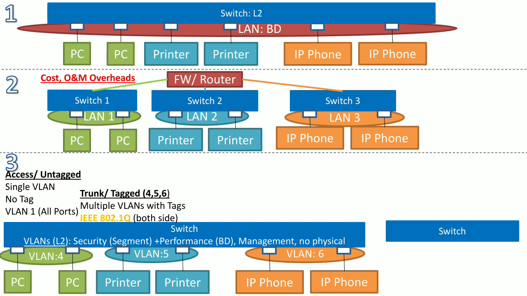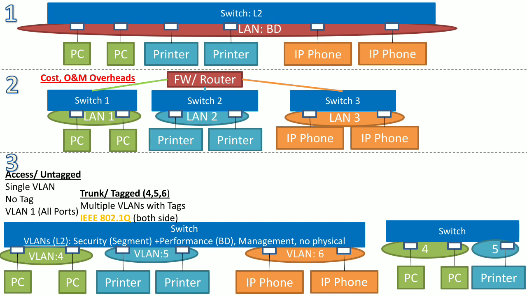For example, this is a second switch, and we have defined the same VLANs, that is VLAN 4 for PCs and VLAN 5 for printers, and we have associated two ports for PCs and one port for printers. Now we want to communicate all this VLAN traffic to the first switch.